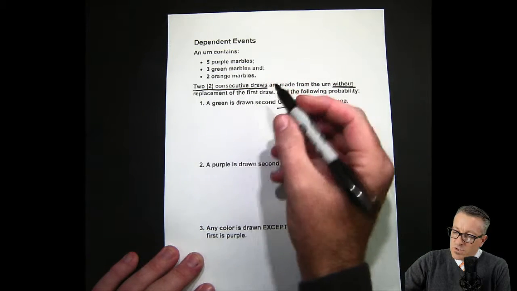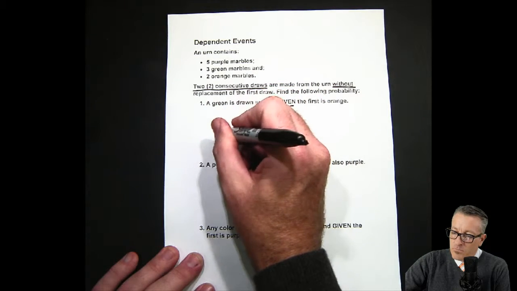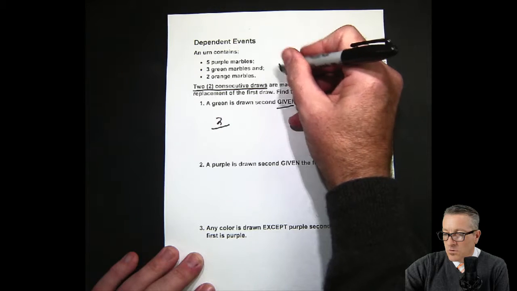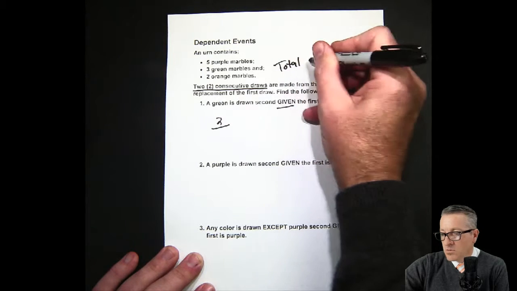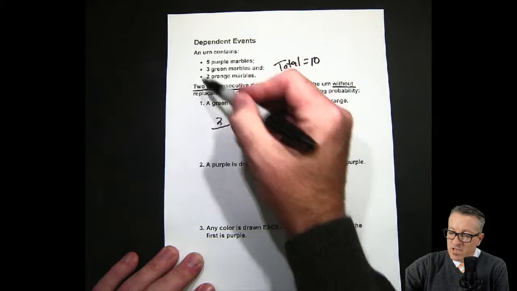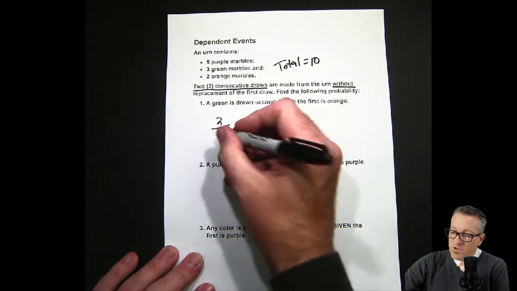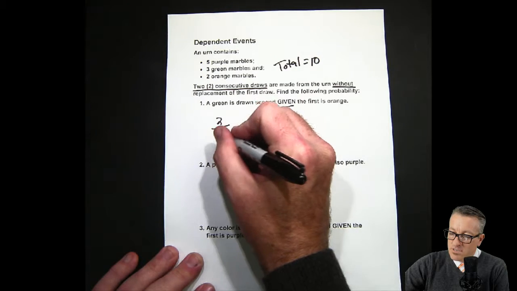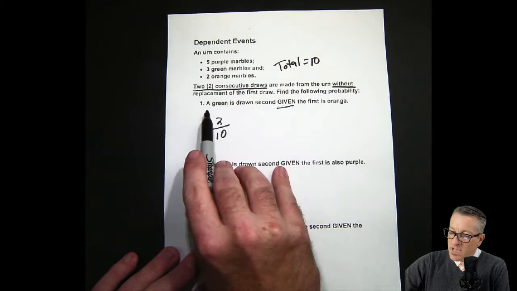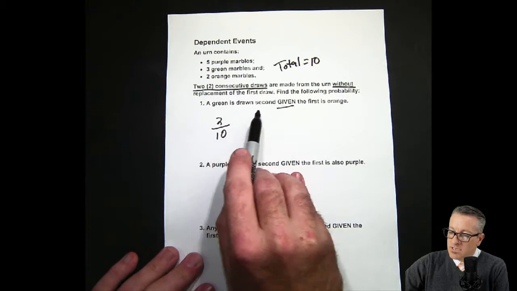So for orange, we have 2 orange out of, and one other thing I'll write up here, total marbles, we have 10: 5, 6, 7, 8, 9, 10. So we have 2 over 10. And then for our second draw, a green is drawn second.